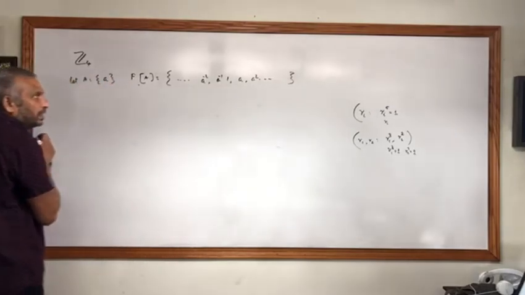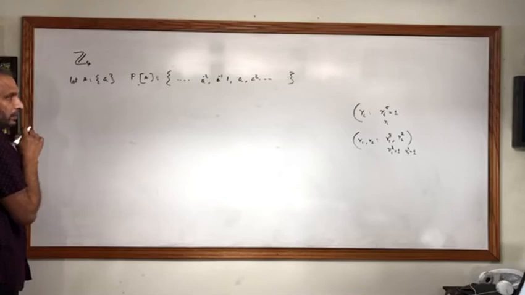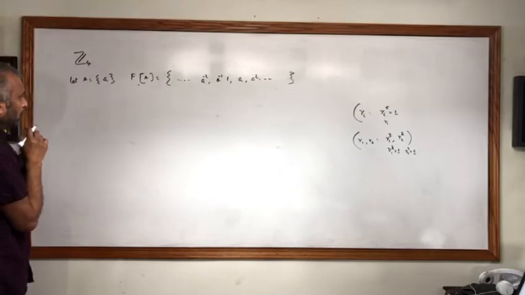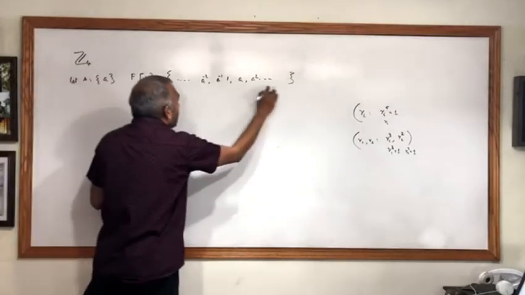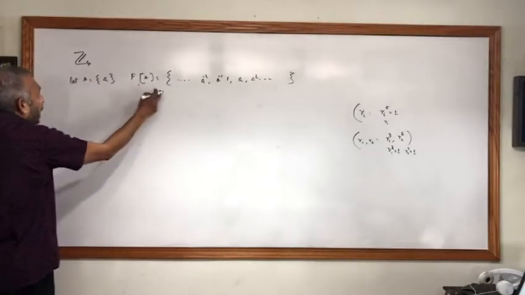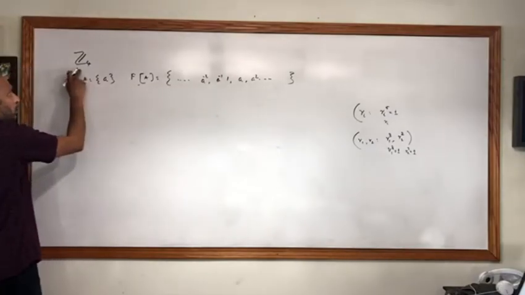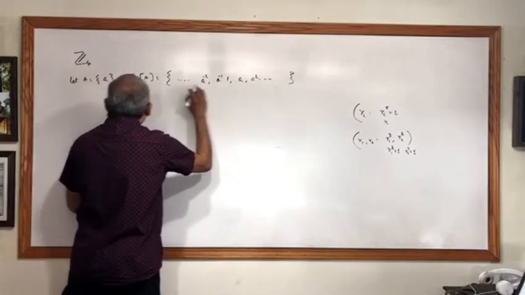So this is F(A). This is actually cyclic, because there is only one generator. We want to pick elements from here to form a group isomorphic to this. So when we pick the elements from here, it should contain only 4 elements.